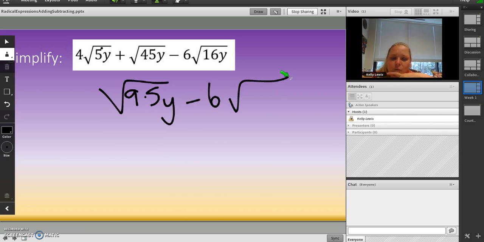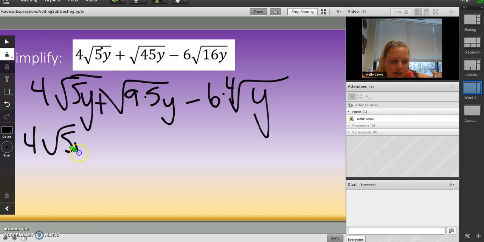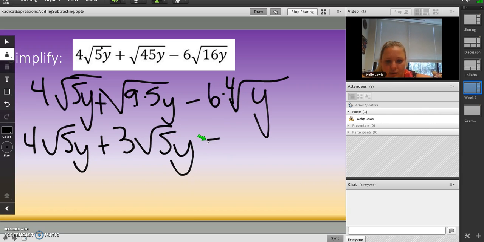And then 16y, the square root of 16 is 4, so I'm just going to take it out. 4 square root of 5y plus. All right, I can't simplify that 5y, he hangs out. And then the square root of 9 is 3, square root of 5y, minus 6 times 4 is 24 square root of y.